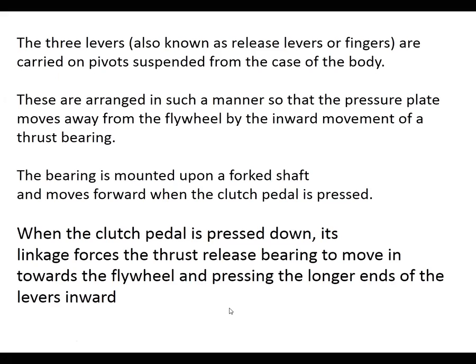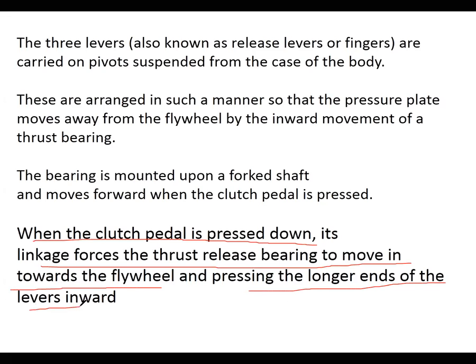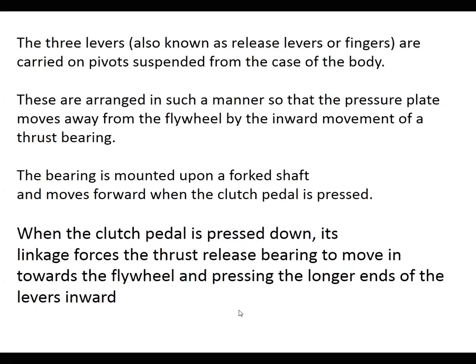Right. Come to this. When the clutch pedal is pressed down, the clutch pedal force is applied on the pedal by the driver. Its linkage forces the thrust release bearing to move towards the flywheel, pressing the longer ends of the levers inward. So the end of the lever is pressing against the flywheel.